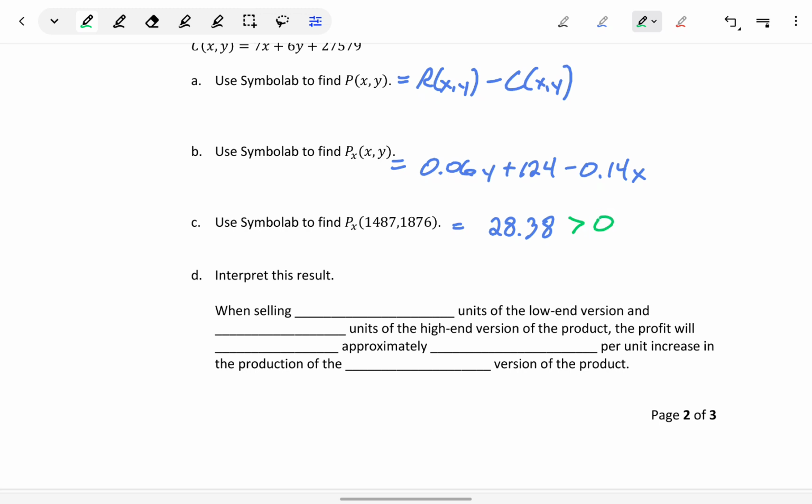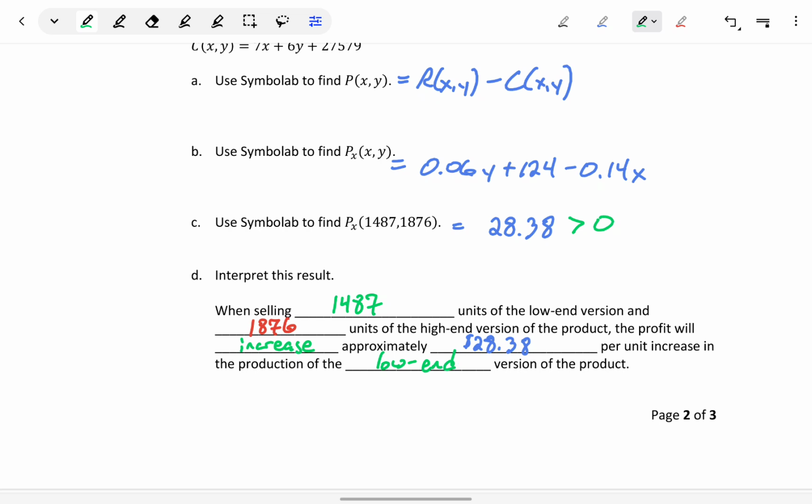Note that that result is positive, which tells us that when we're selling 1,487 units of the low-end version of the product, and 1,876 units of the high-end version of the product, the profit will increase since that resulting derivative value is positive, and that rate of increase will be by approximately $28.38 per unit increase in the production of the low-end version of the product.